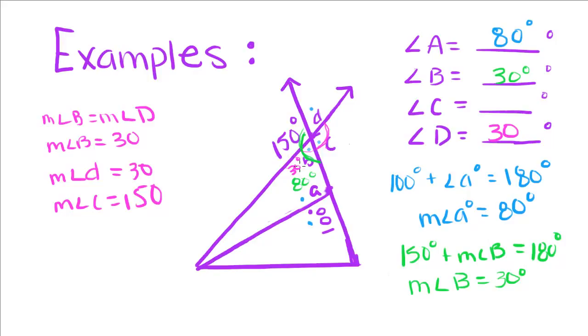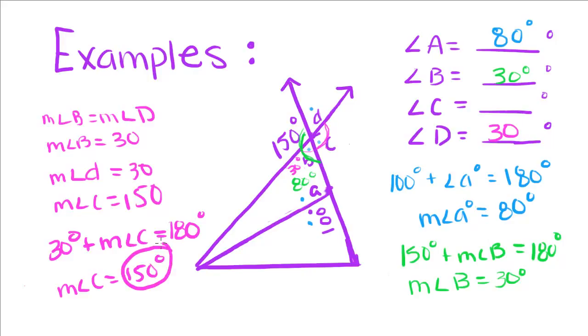So if we add the measure of angle B, which we found to be 30 degrees, plus the measure of angle C and set it to 180 degrees, if we subtract 30 from both sides, we'll get 150, and either way, it still gives you 150 degrees for your answer.